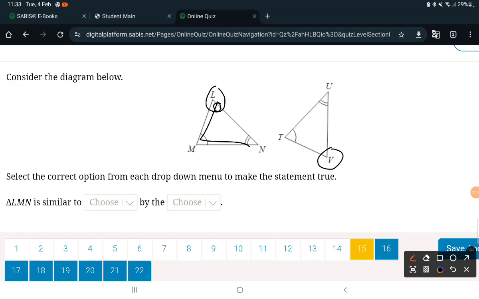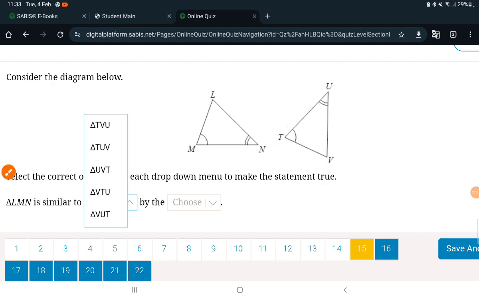Then they go down to M, which has one curvature. So T, VT. And then they go to N, which has 2 curvatures, which is U. So VTU. That's a pretty simple question. So LMN is similar to VTU.